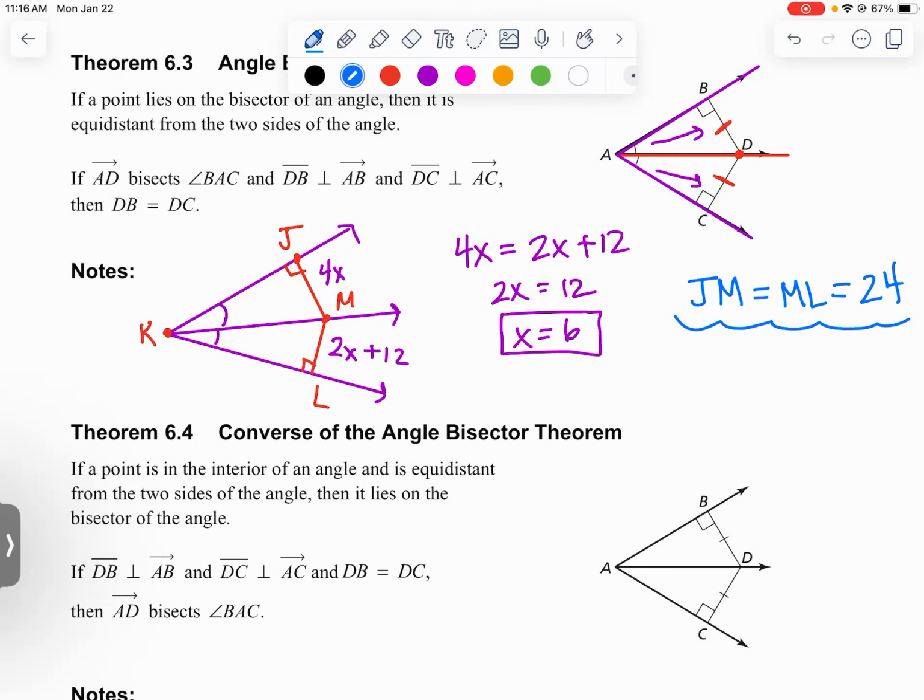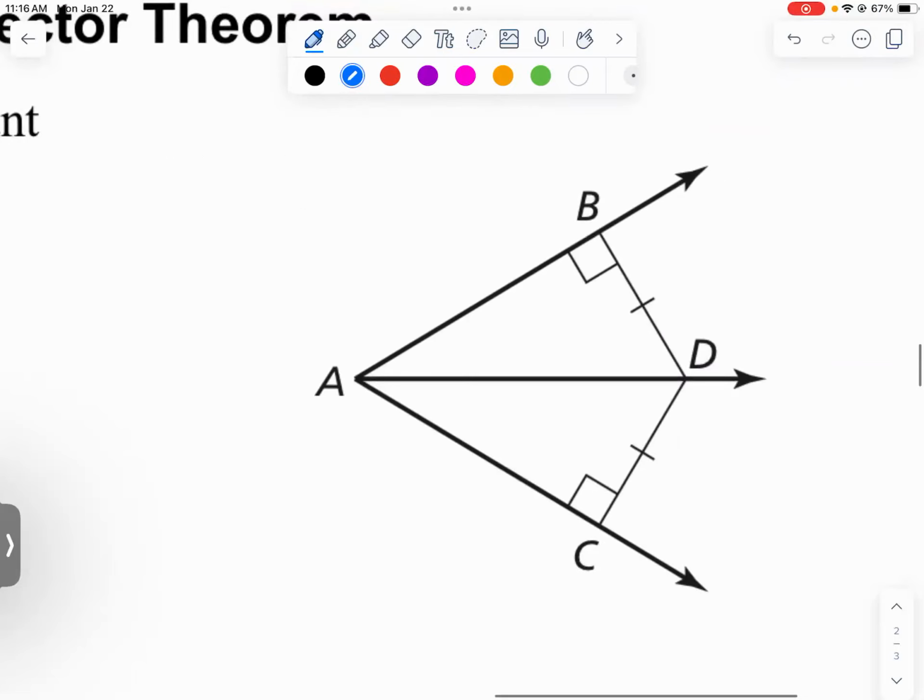So then we're also going to have the converse, okay? Let's say we have this awesome little picture here. Well, then that means that this guy is an angle bisector. All right, so it's going to go both ways. Okay.